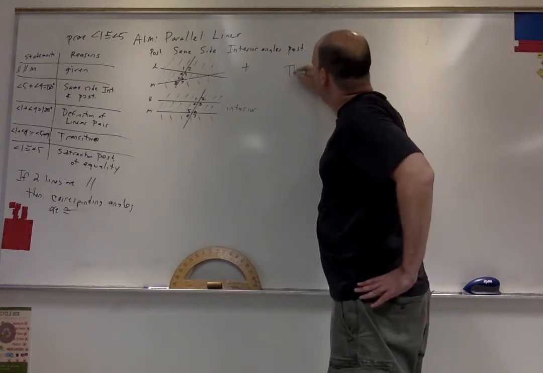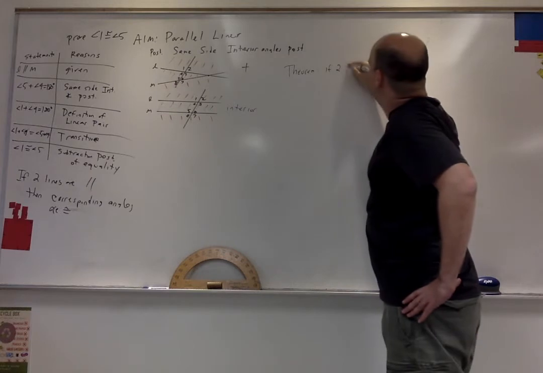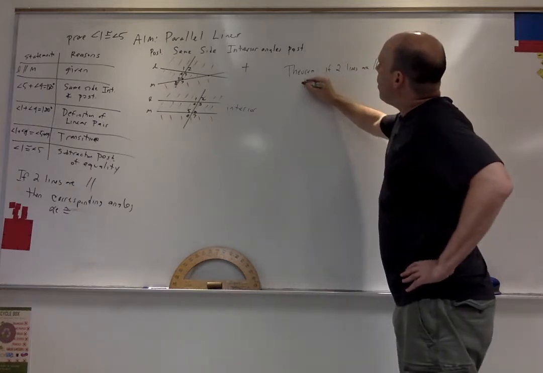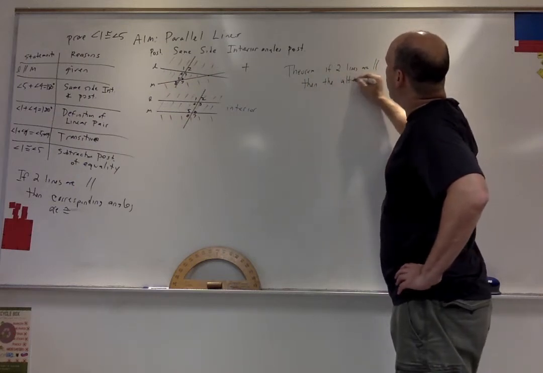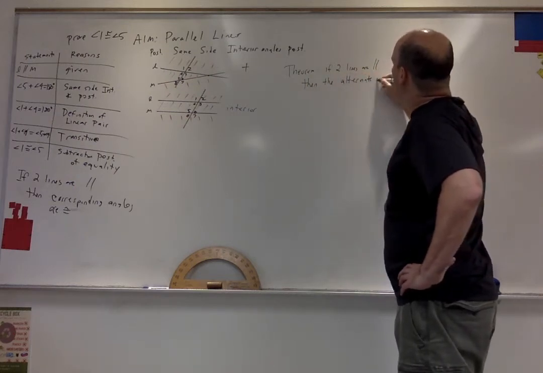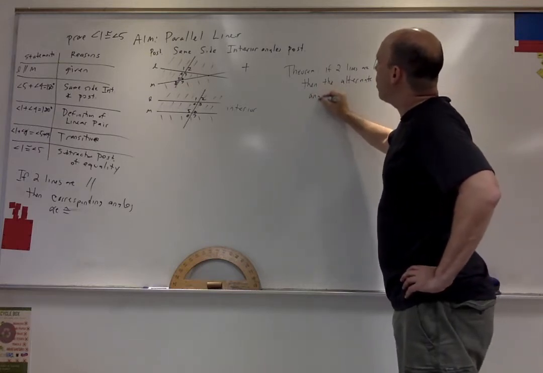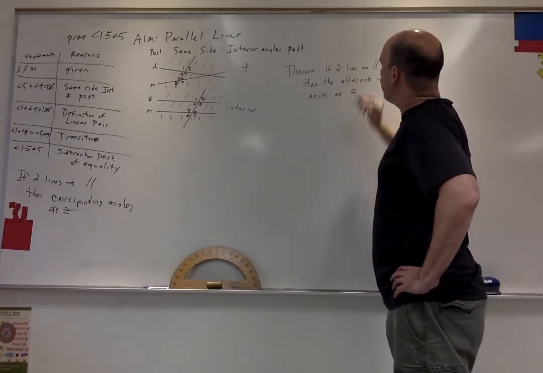Prove theorem: if two lines are parallel, then the alternate interior angles are congruent.